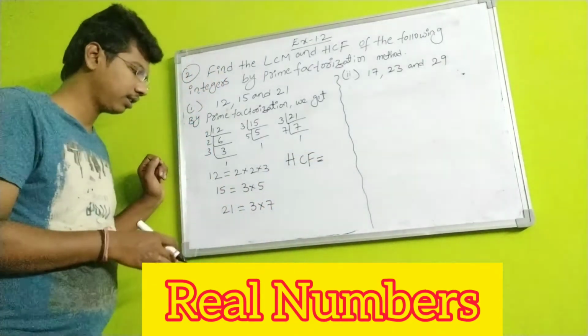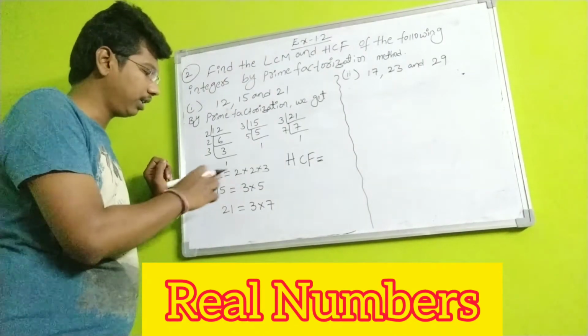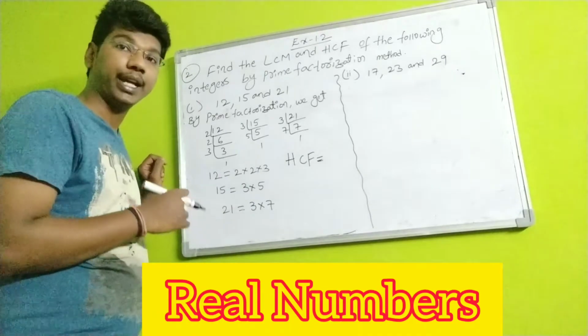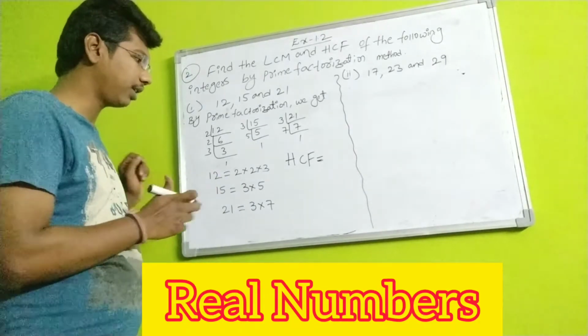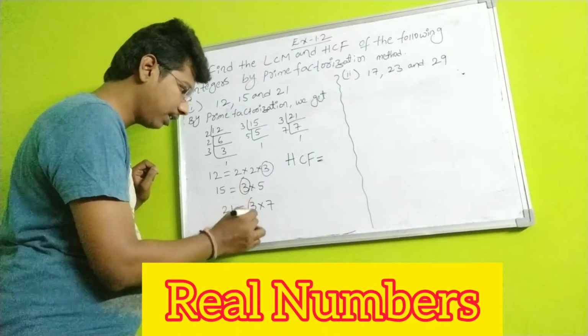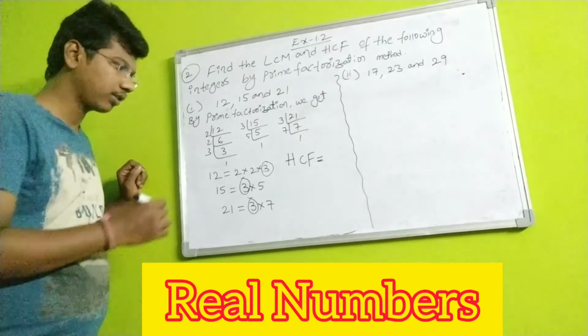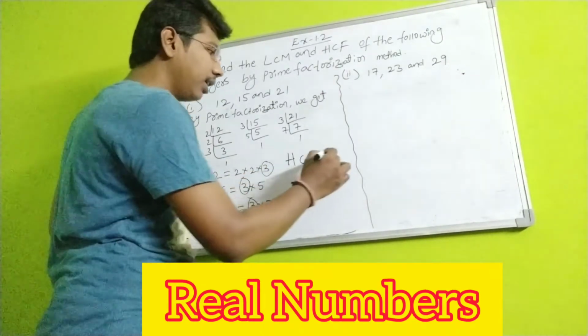Here there are 3 integers. In these integers we have to identify the common prime factor, students. You can observe clearly, 3 is a common factor, students. That is nothing but the HCF. HCF is equal to 3.